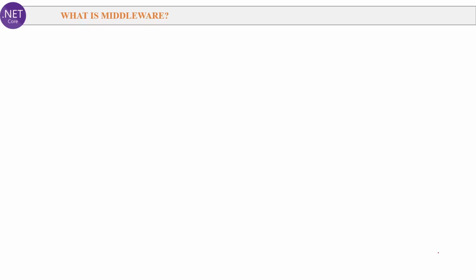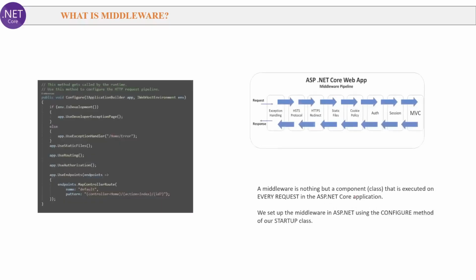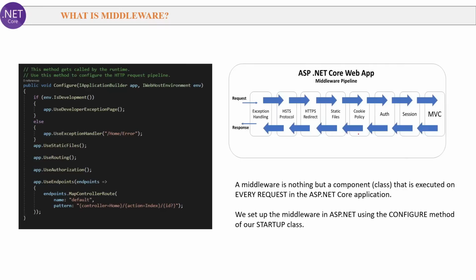Next question is, what is middleware? As you can see, a middleware is nothing but a component that is executed on every request in the ASP.NET Core application. So all these are middlewares. We set up middleware in ASP.NET Core by using the Configure method of our Startup class.